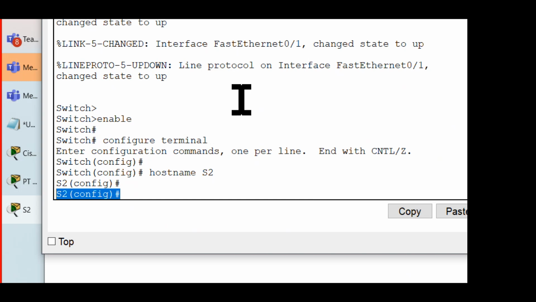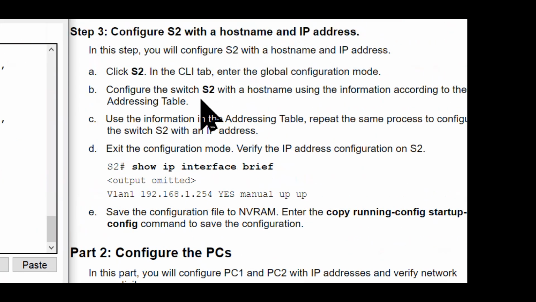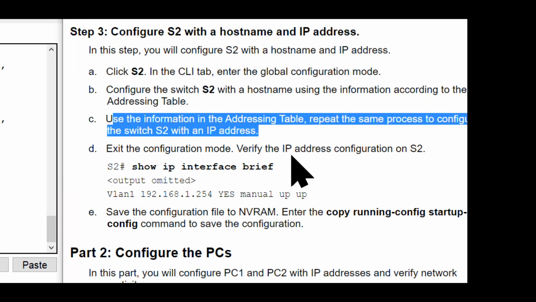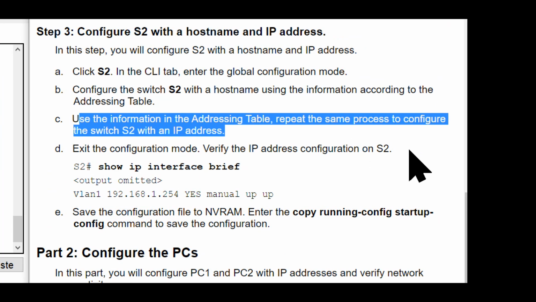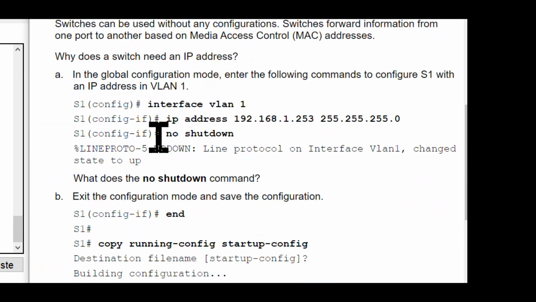Okay, so next we have completed the part B. We'll go on to part C. So use the info on the addressing table. Repeat the same process to configure switch 2 with an IP address. Just like what you did on the switch 1, we are going to configure the same thing for switch 2.